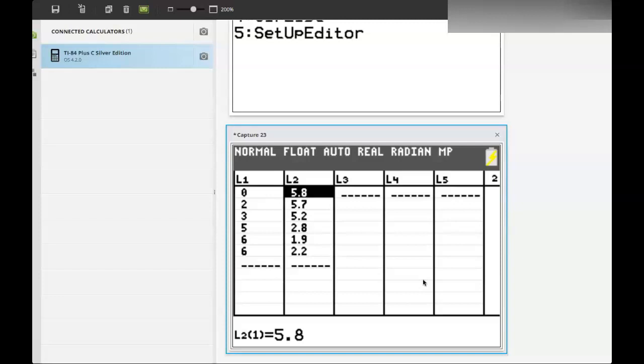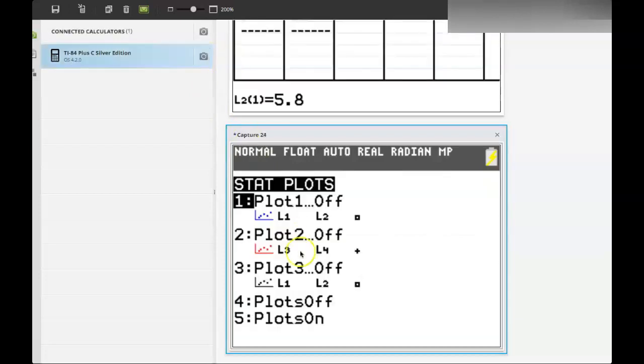Now we want to graph, exactly the same as the previous part. Press second, then on top we have y equals. Choosing the first one, enter.